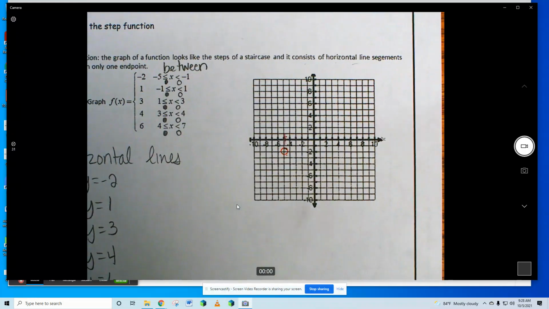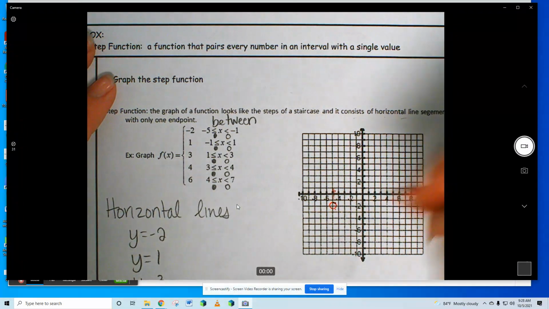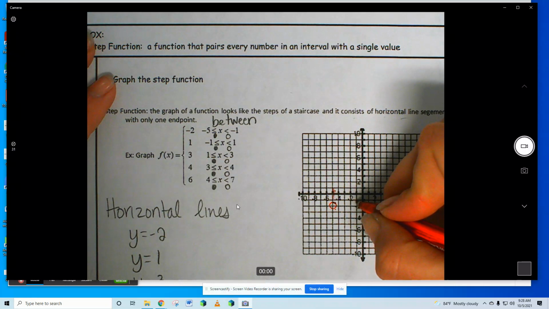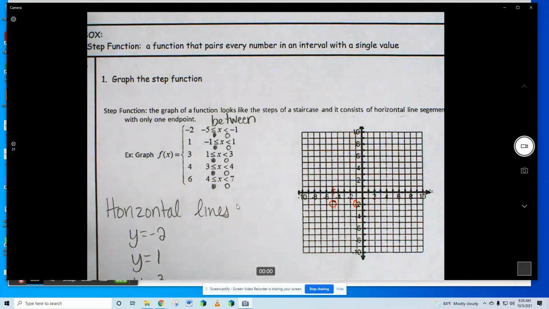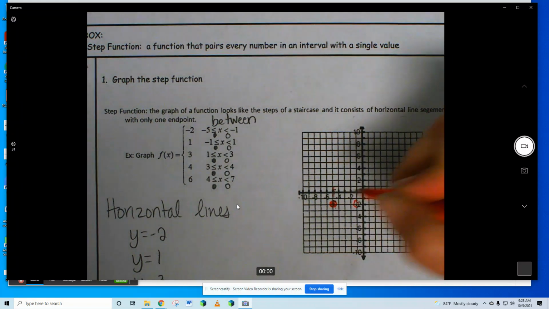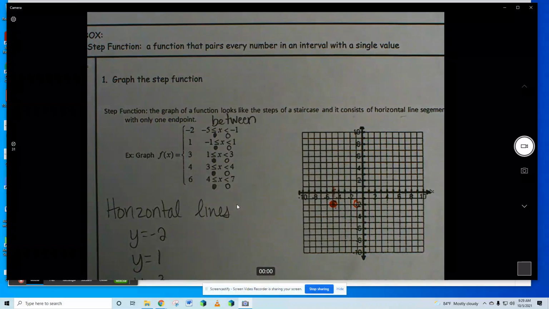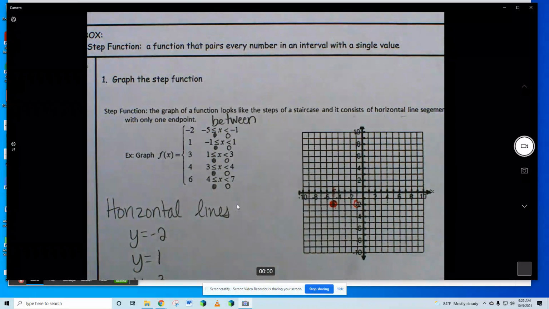So now I really need to zoom in. It goes horizontal line to -1. One of them's open and one of them's closed. Which is open and which is closed? -1 is open. -5 is closed. Okay.